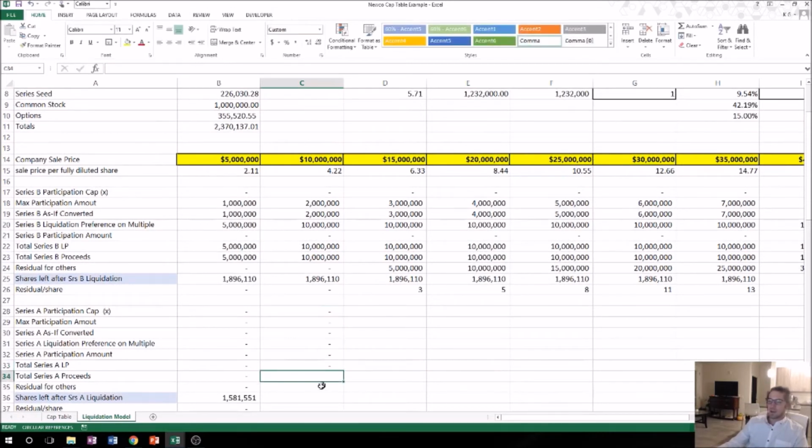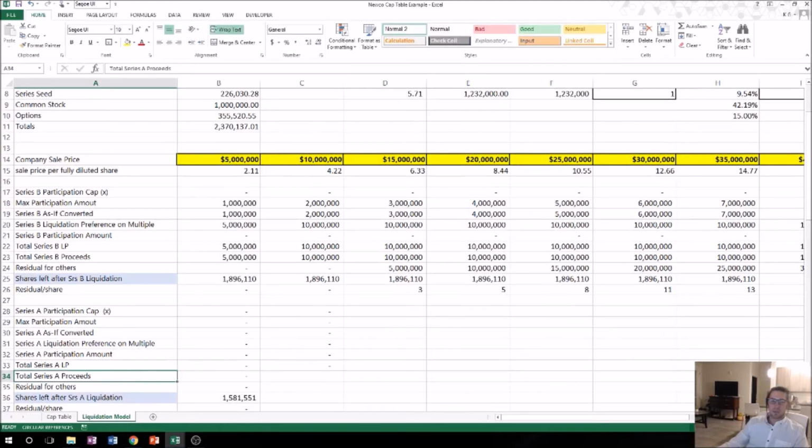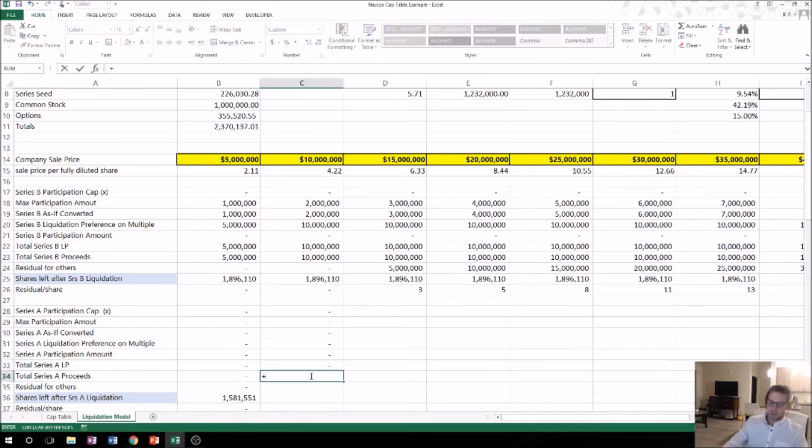So you can just go in and copy that one down just like we talked about, and it works just like we did above. And the Series A proceeds is still that max calculation. So we want to take the max of the liquidation preference, or if it converted to common, tell us the max there.